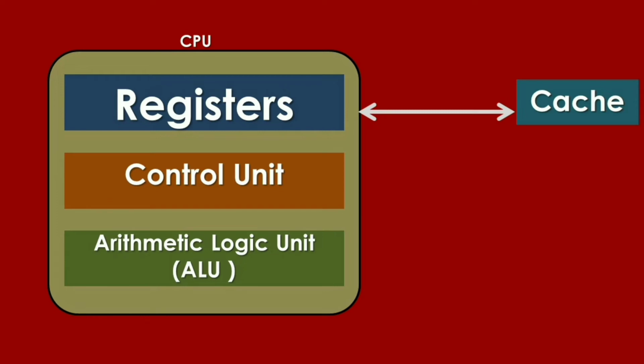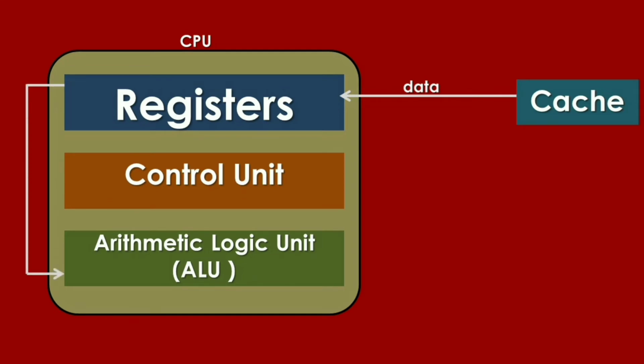So, these buses will pass data dun sa different parts ng CPU para ma-process siya. Okay? So, from the cache, it will pass data dun sa register. And from the register, it will give to the arithmetic logic unit para ma-process yung data. After processing the data dun sa ALU, it will pass again to the register.